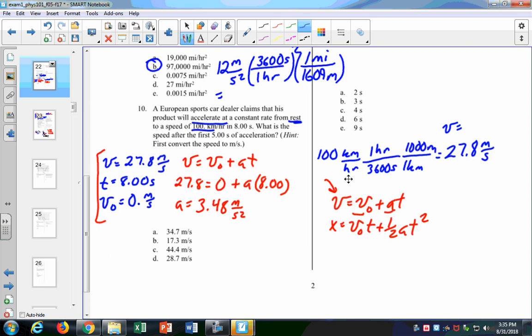And then I do the exact same thing again. I plug in 5 seconds instead of 8. That's exactly right. So V naught plus AT. V naught is 0 plus A, which I found, 3.48 times T, which is not 8.00. It's 5.